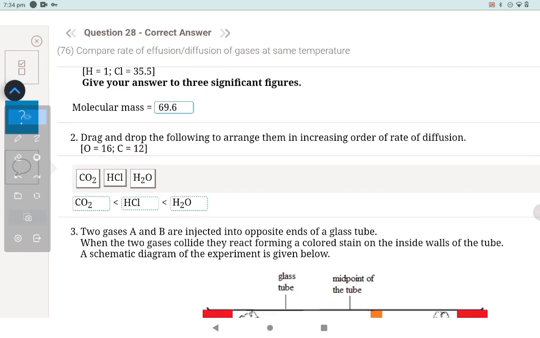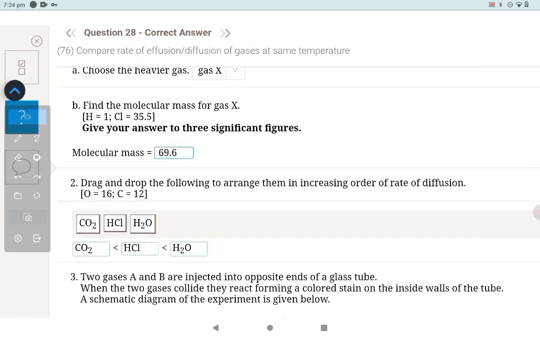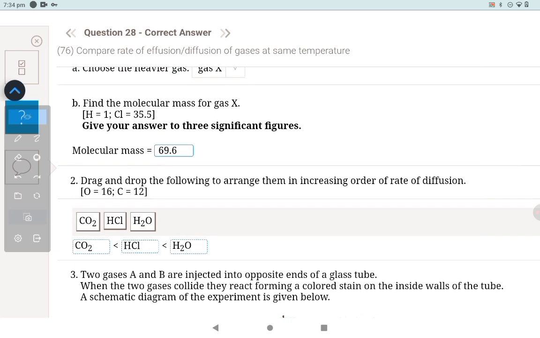Drag and drop the following to arrange them in increasing order of rate of diffusion. So the higher the molar mass, the slower. So like the heavier, the slower it is. Okay, so we have HCl is 36.5. We need to find CO2.